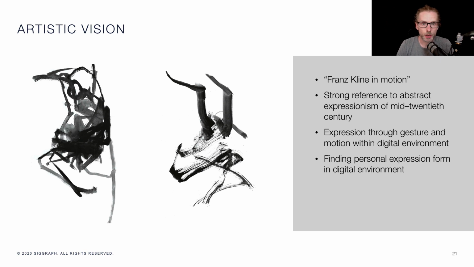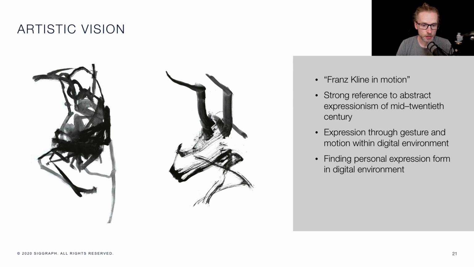Okay, so let's move to artistic vision. If I was to sum up the whole visual concept for Dog of Zone with a single statement, that would be Franz Kline in motion. So that's a strong reference to abstract expressionism of the mid-20th century. Two problems I was especially interested in here were expression through gesture and expression through motion, but within the digital environment.